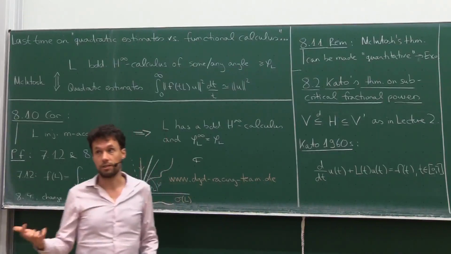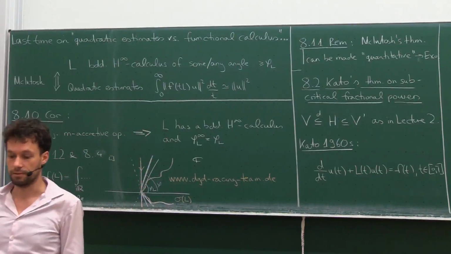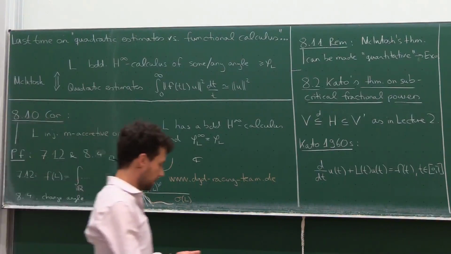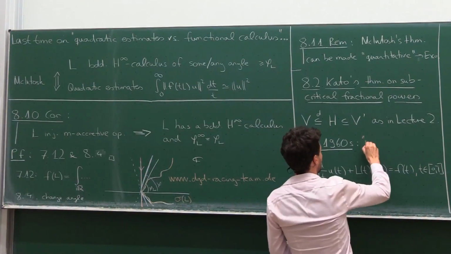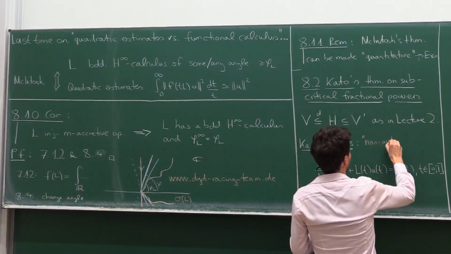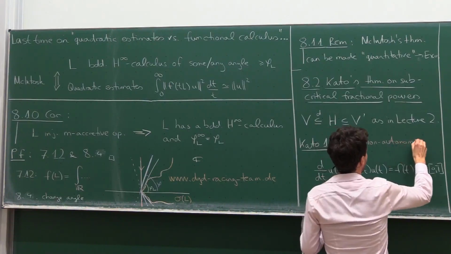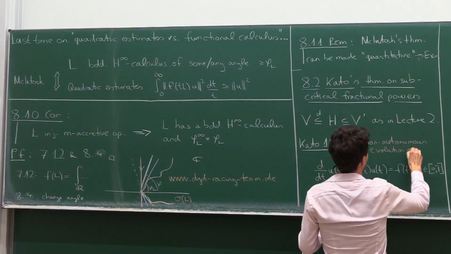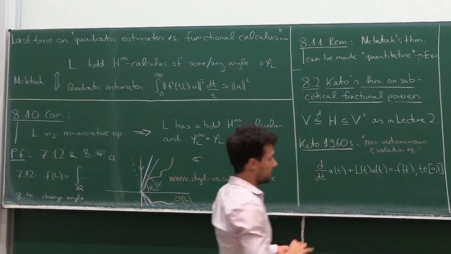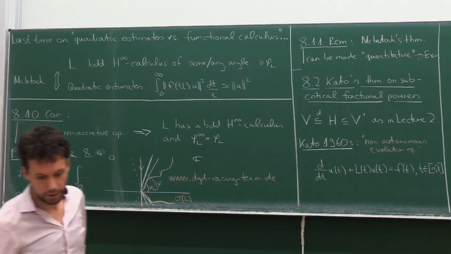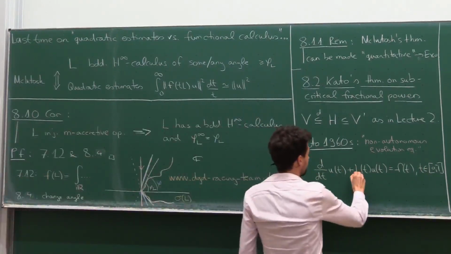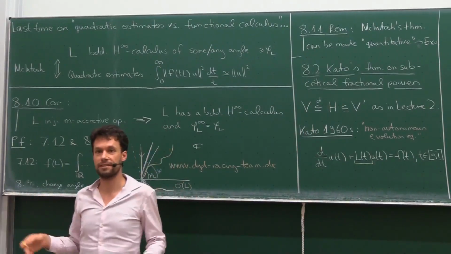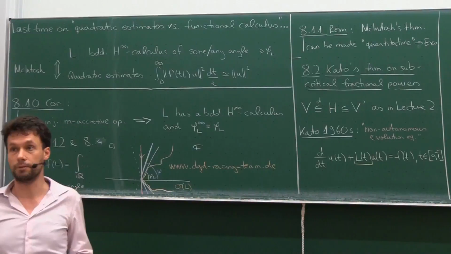And then there should be an initial condition for u at time 0. The interesting thing in this equation is that these coefficients L of t are actually not coefficients in the sense that you know from ODEs, but they're operators.